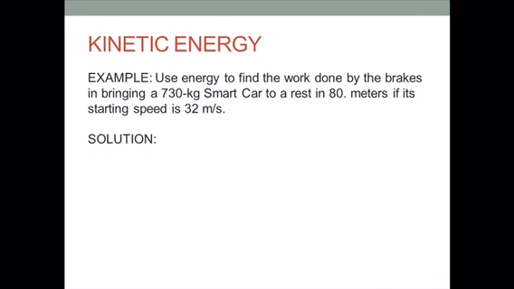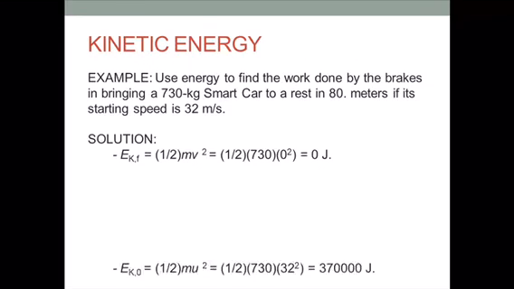Use energy to find the work done by the brakes in bringing a 730 kilogram smart car to rest in 80 meters if its starting speed is 32 meters per second. So first of all, we need to define our final kinetic energy. Our final kinetic energy equals half mv squared. Since it has to come to a rest, final velocity is 0, meaning final kinetic energy is also 0 joules.